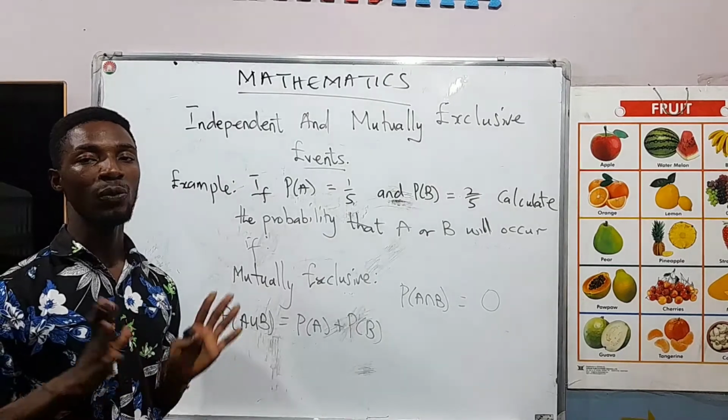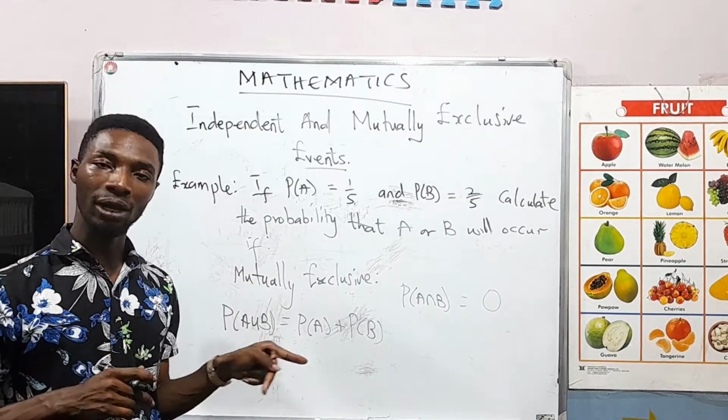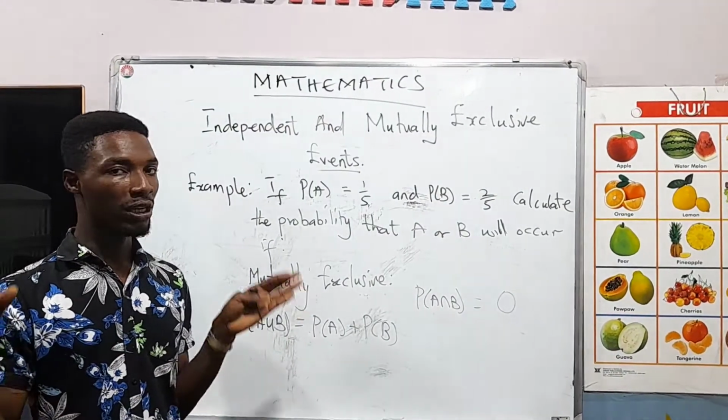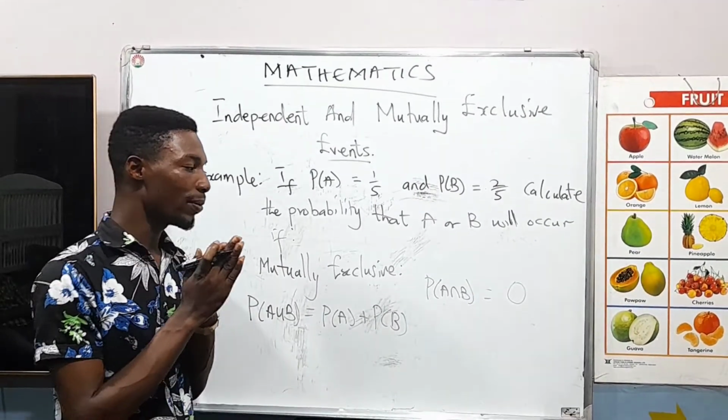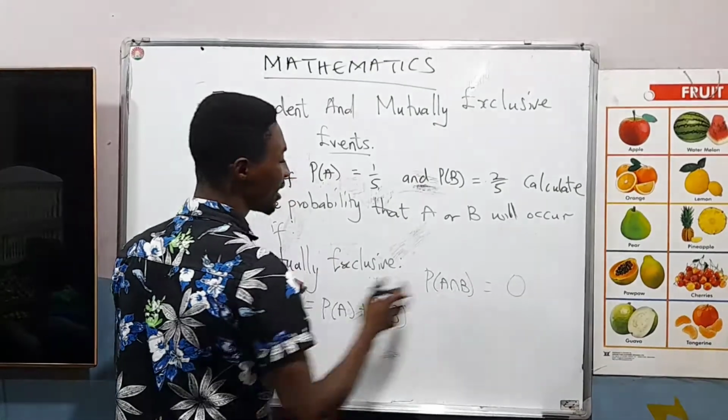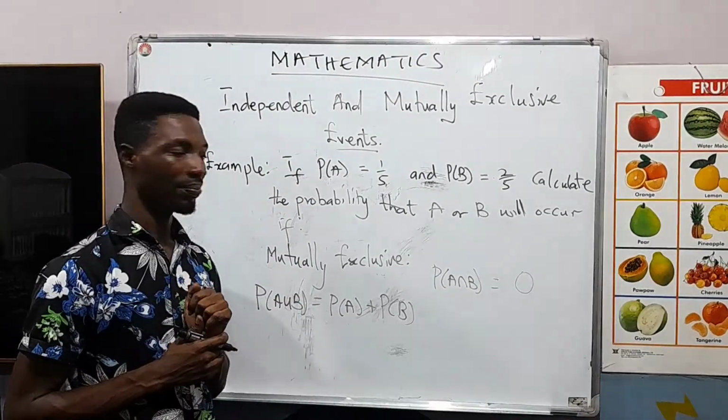The two events are mutually exclusive. That is, if one occurs, the other cannot occur. So the two of them cannot occur together at the same time. For that reason, the probability of both occurring together at the same time must be 0.